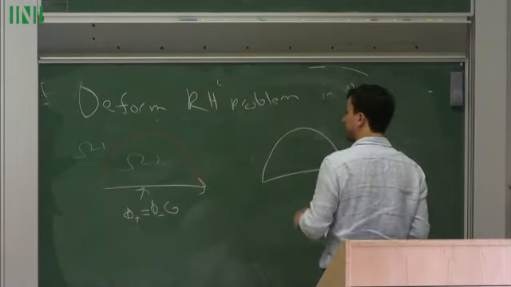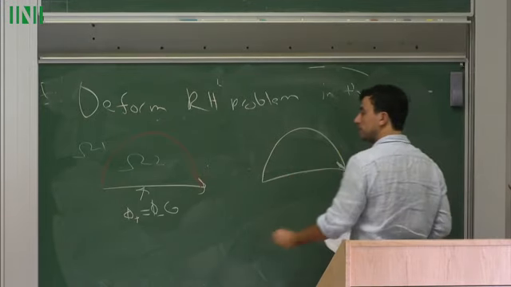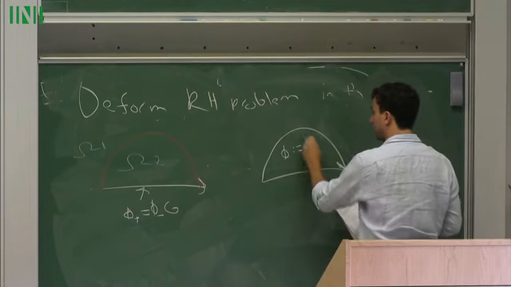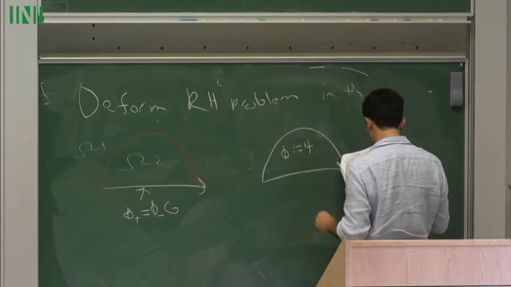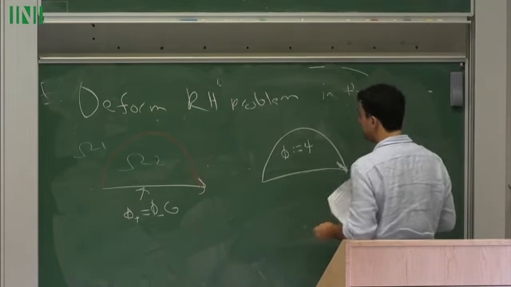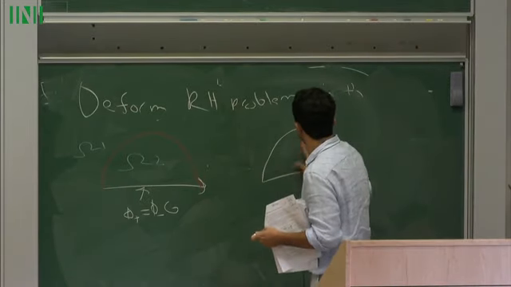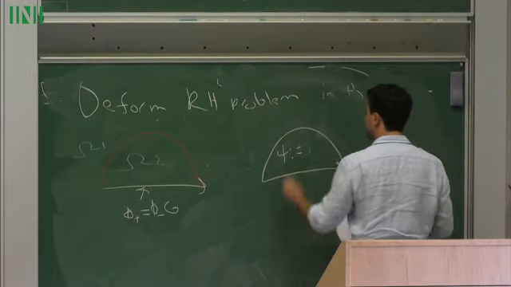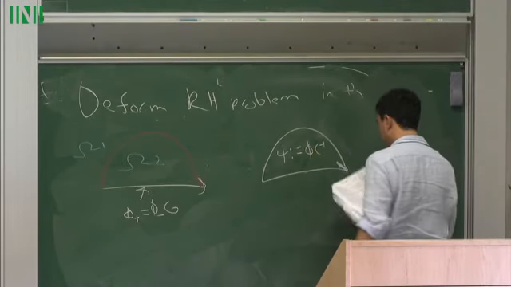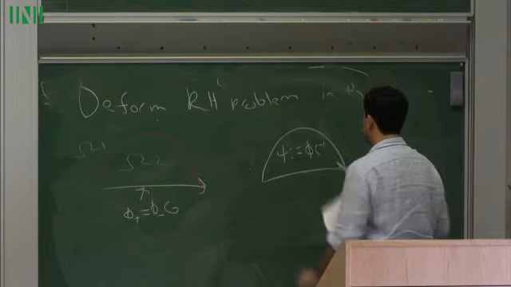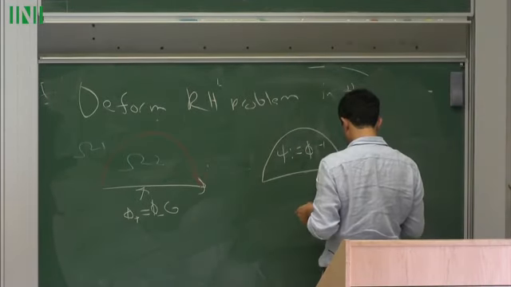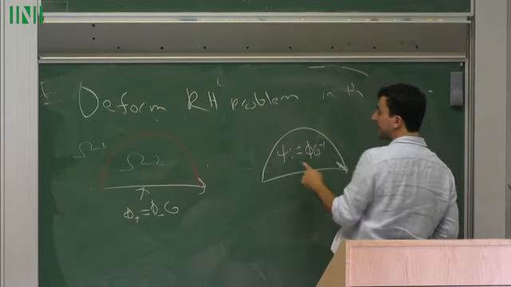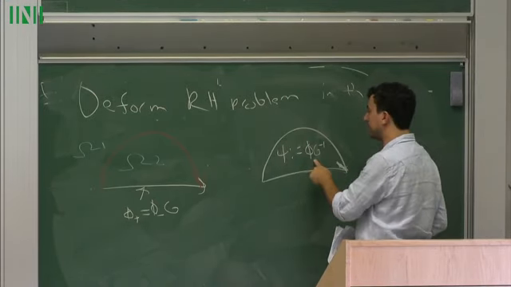Let's do a change of variables: psi is a new unknown, which in omega 2 is defined as phi times g inverse.